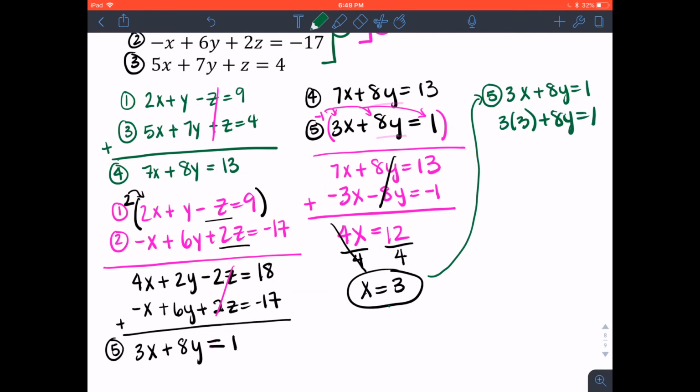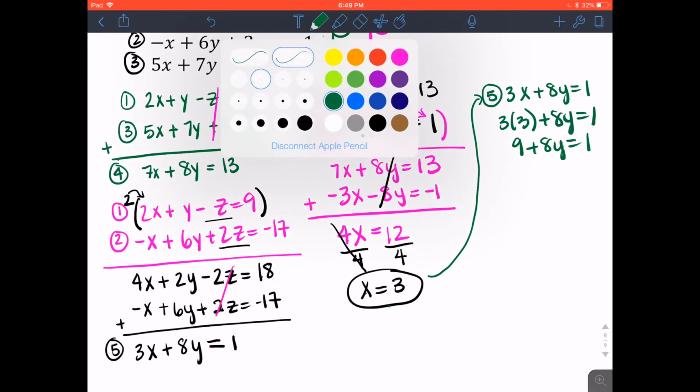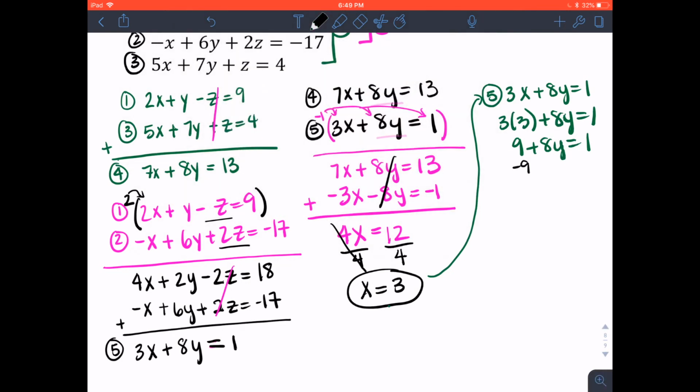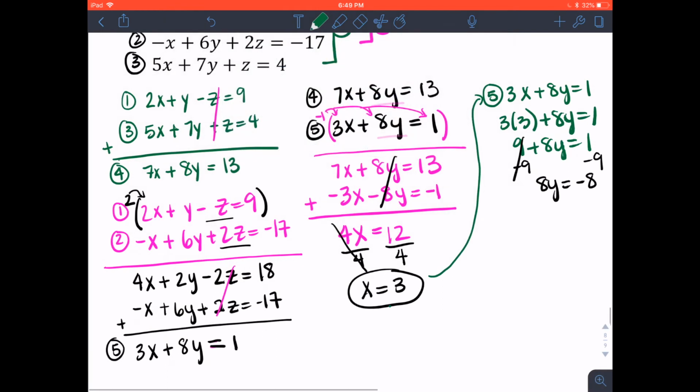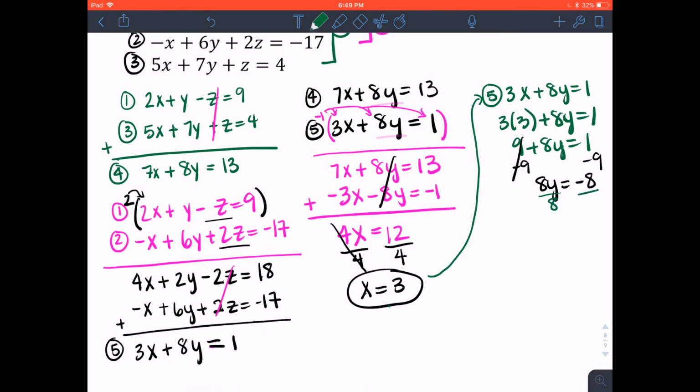And so 3 times 3 gives me 9 plus 8y equals 1. Subtract both sides by 9. The 9's cancel out, so 8y equals negative 8. So I need to divide both sides by 8. The 8's cancel out, so y is equal to negative 1.